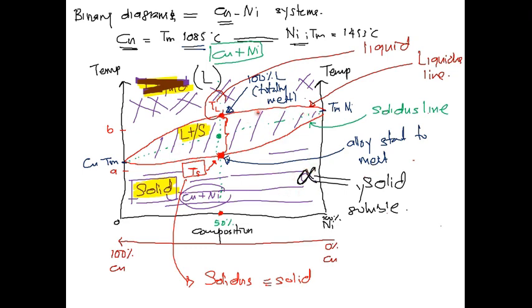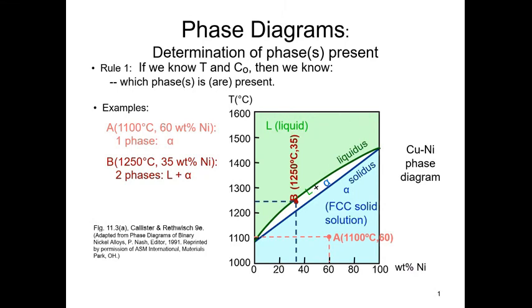Between this liquidus and solidus line, you will have a composition of liquid and solid phases. When you look at the phase diagram here, you can actually determine the phase presence.